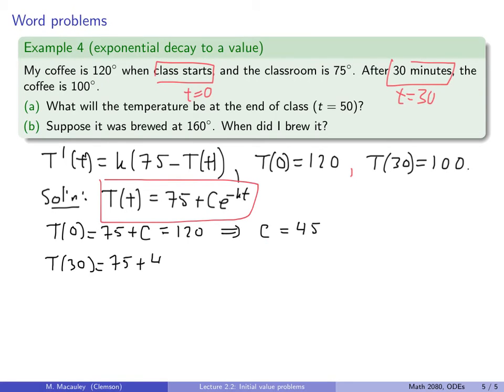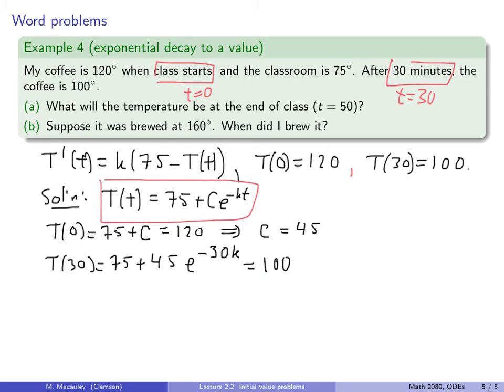C is 45. So 75 plus 45 e to the minus 30k, and at time equals 30, the temperature is 100. Now we have to solve for k.